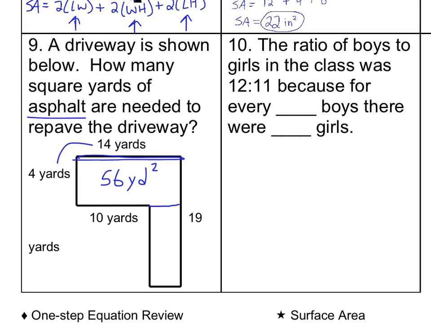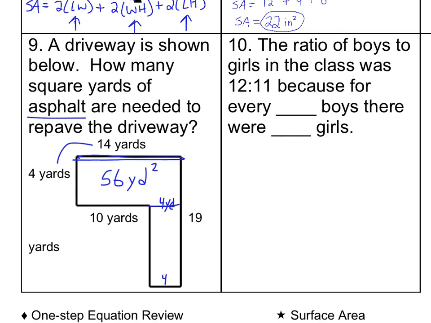So now we know that the bottom side and the top side of the one we drew in is 4 yards. It's hard to write that small. And we know that the whole length is 19, but minus this section of its opposite, which is 4, would leave us 15.